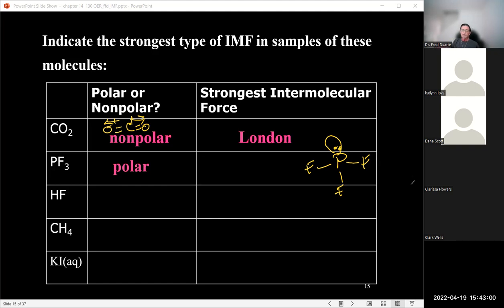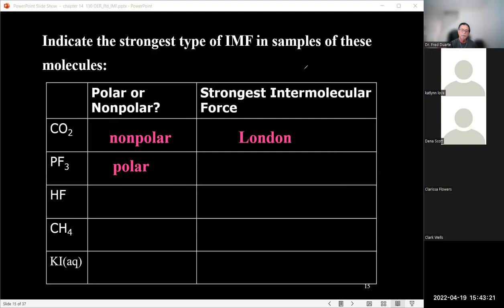So the only logical choice you have left is the dipole. So I'm showing you how to go about this systematically, stepwise, and answer those questions, and eventually you end up with the answer that is required.